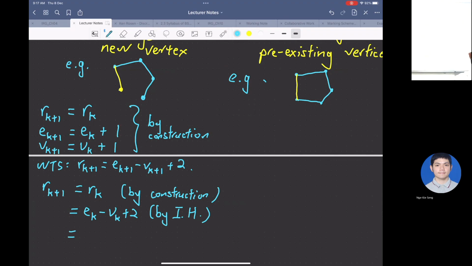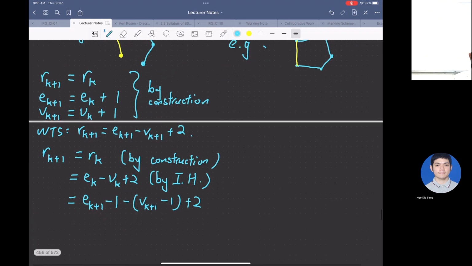Okay, then since we already know the relationship between EK and EK plus 1, and VK and VK plus 1, we can substitute EK and VK in terms of EK plus 1 and VK plus 1. So EK is equal to EK plus 1 minus 1, and VK is VK plus 1 minus 1, so it's EK plus 1 minus 1 minus VK plus 1 plus 1 plus 2.